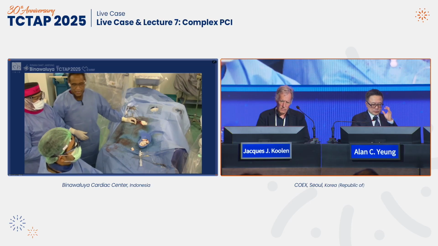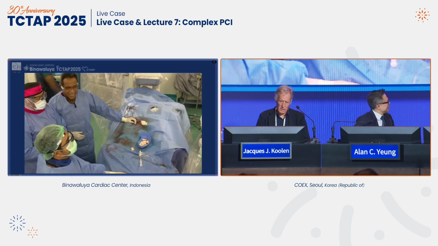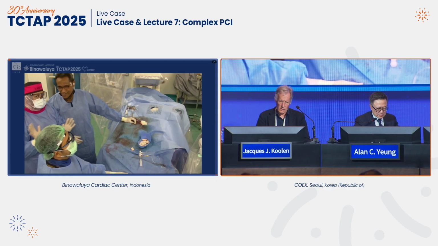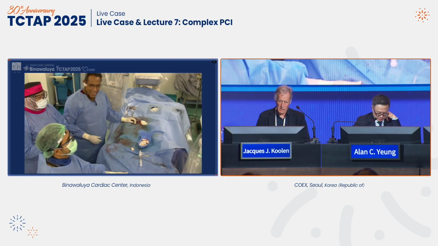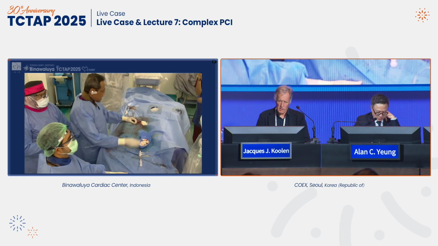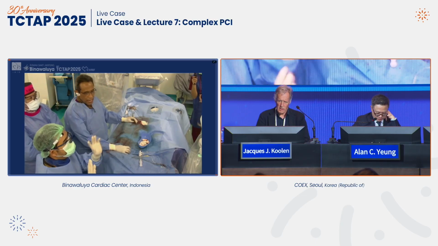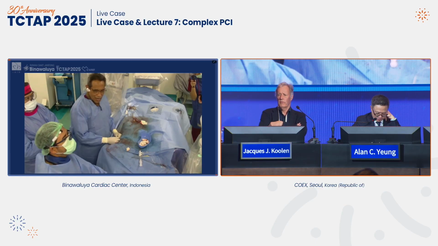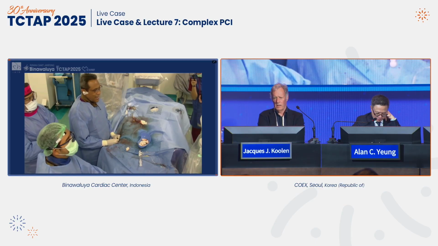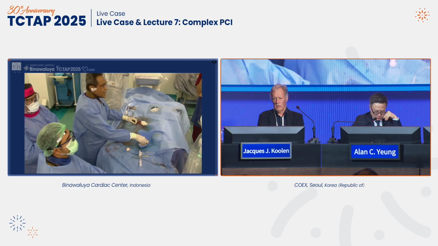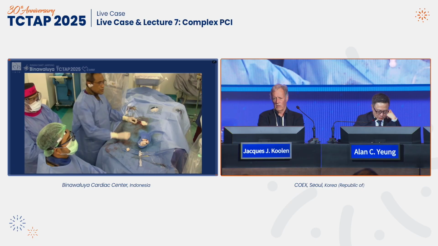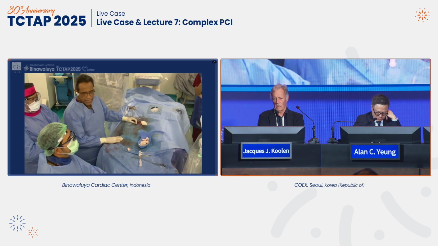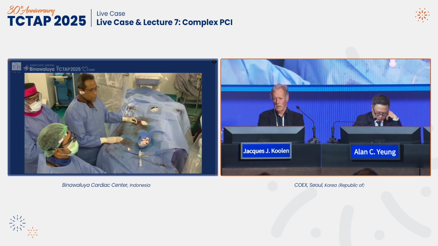The second operator is luckily present. She is my daughter, Dr. Ati. My staff nurse is Lutfi, and there are some radiographers. May we introduce our case here. It's a very interesting case today.